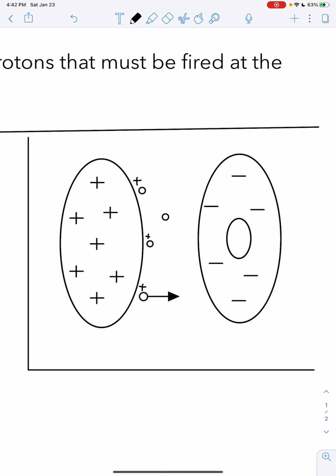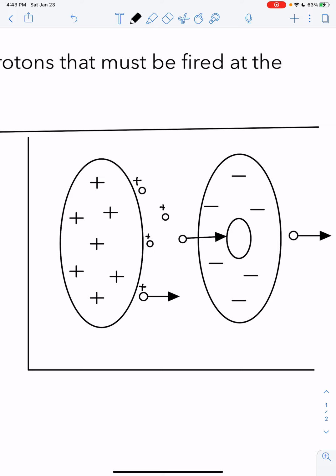It's okay at this point that they could be all over the place, because they'll all experience the force, but only the ones that are aligned with this hole will get through. What you'll end up with is a beam on the other side of protons that have been accelerated, and they aligned just right so that they got through.